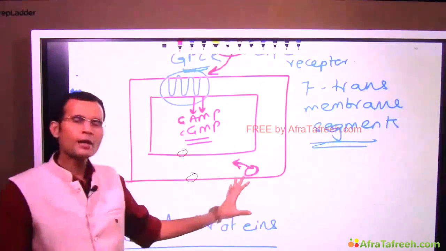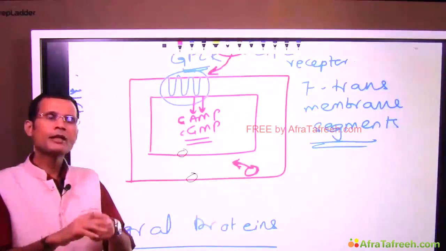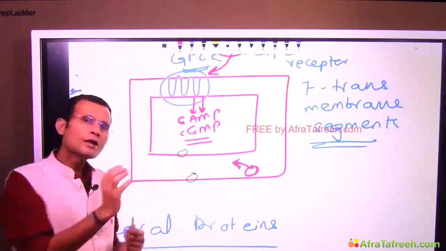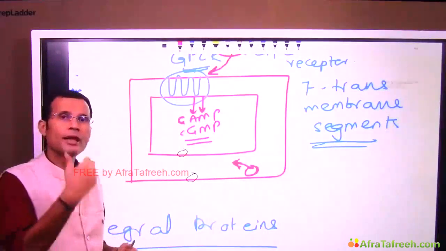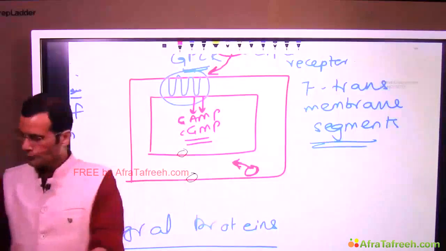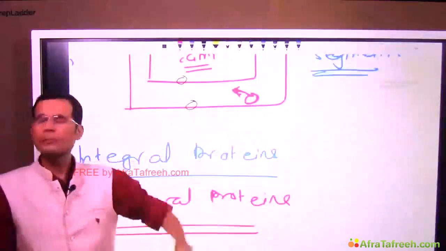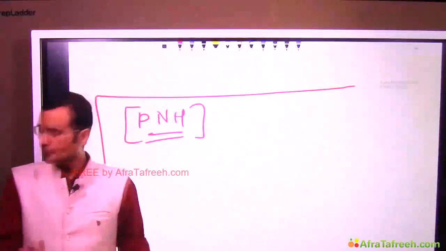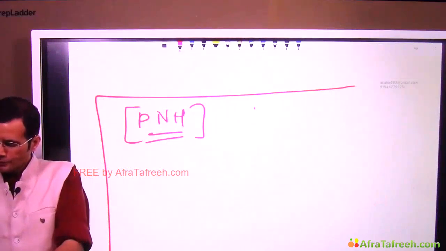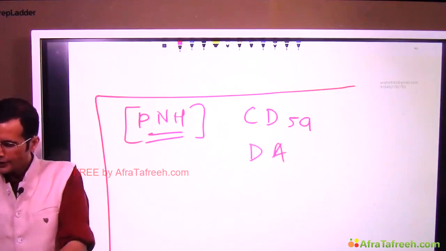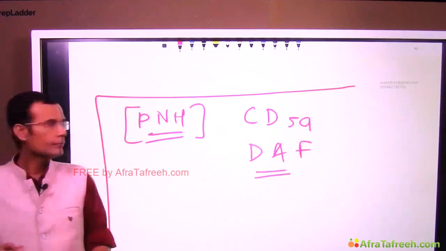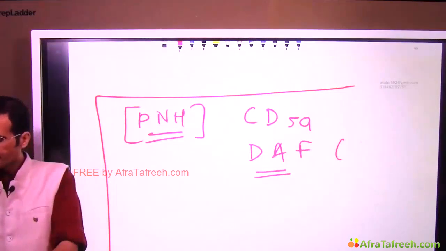This is just a diagrammatic representation to help you understand how they are linked to the membrane. The famous examples of GPI linked proteins are CD59 and decay accelerating factor, also called CD55.